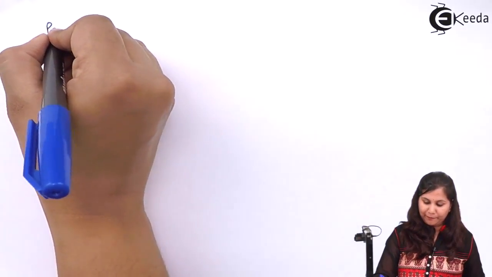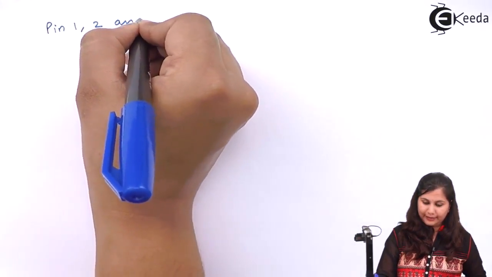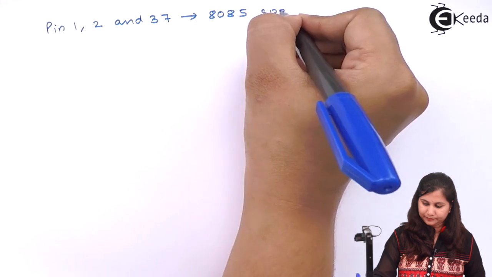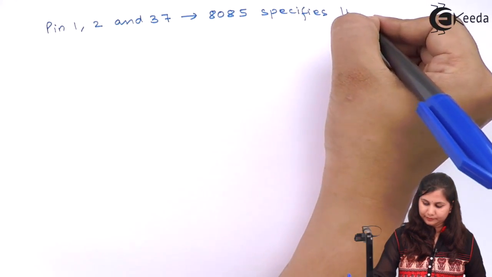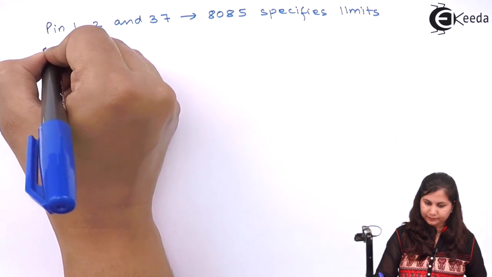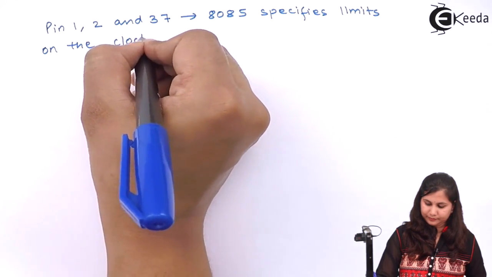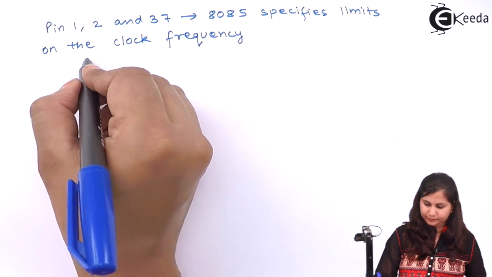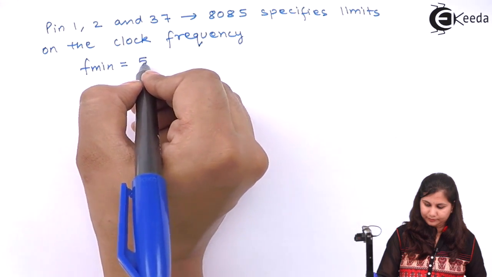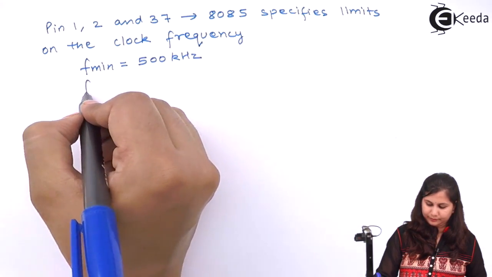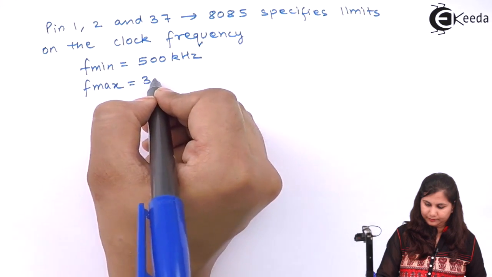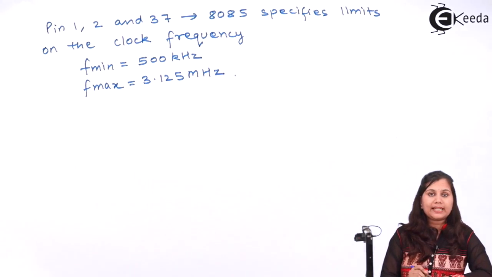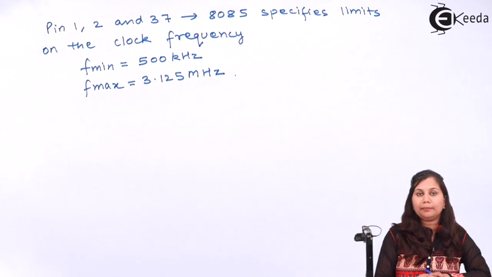So we have pins 1, 2 and 37. The clock frequency at which the 8085 works is approximately 3 megahertz.